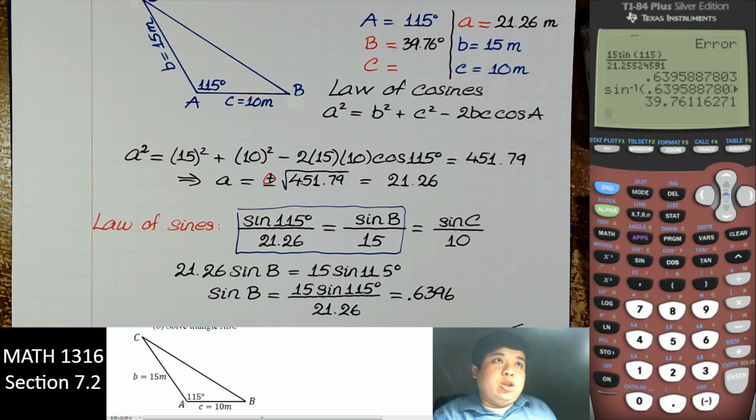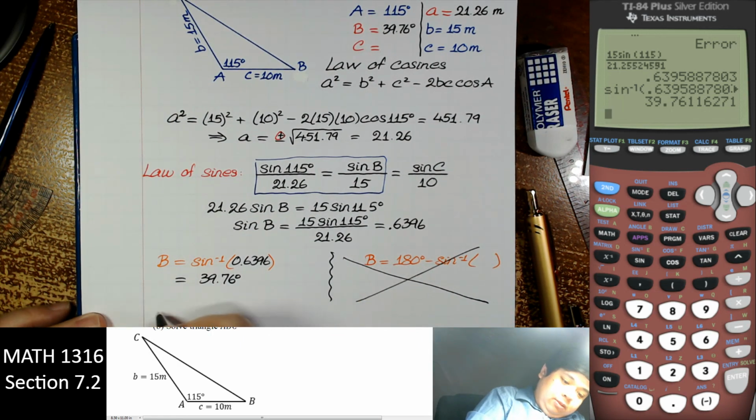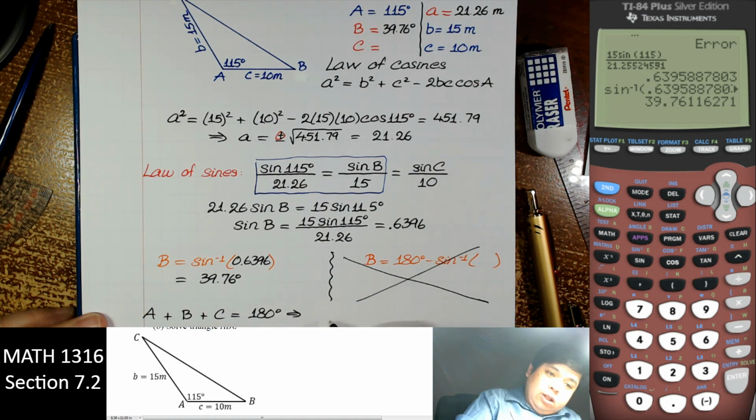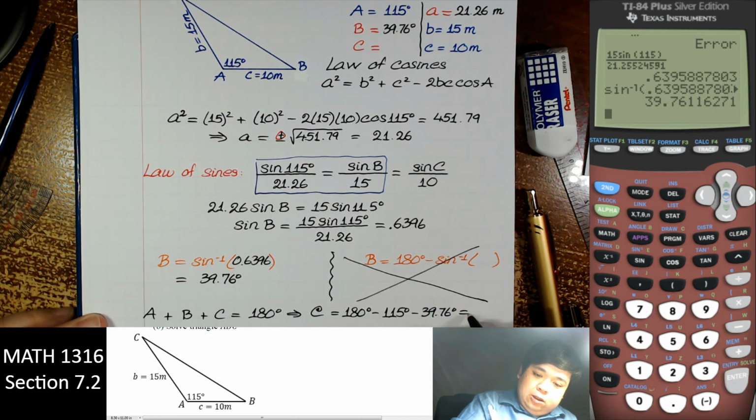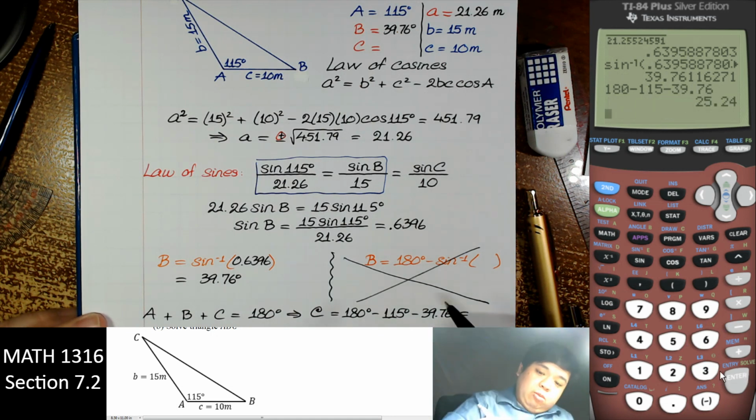And finally, subtract from 180 and we have the remaining angle. So angle C is 180 minus A minus B. That is 180 minus 115 minus 39.76, which is 25.24.